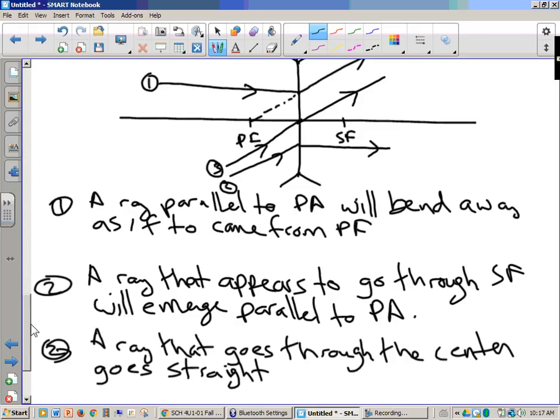Now, I guess while we're at it, before I proceed, on the bottom of the page, you can write this. So on the bottom of your page, the light thing.